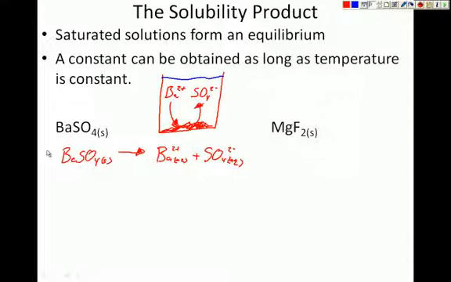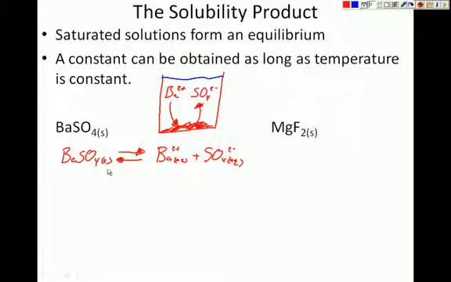BaSO4 is dissolving and becoming Ba2+ and SO4 2-, and Ba2+ and SO4 2- is crystallizing and going backwards and becoming a solid. So it's an equilibrium reaction, and we show the double arrows again.